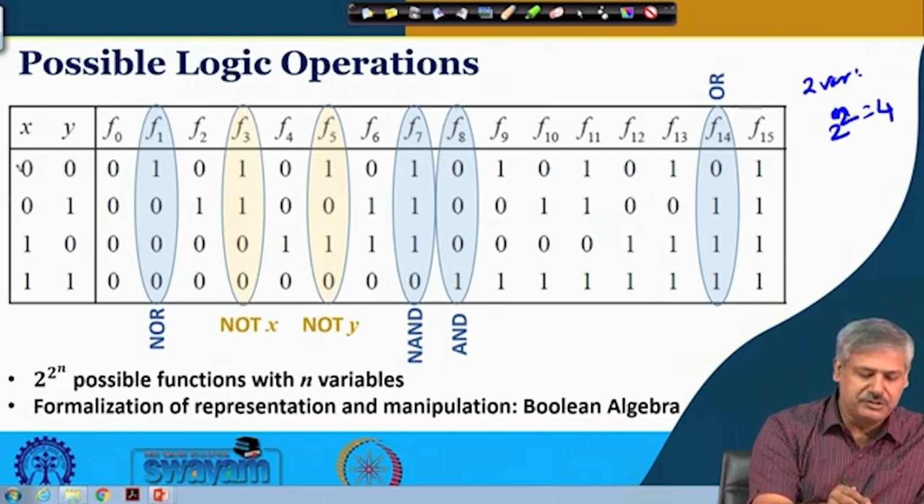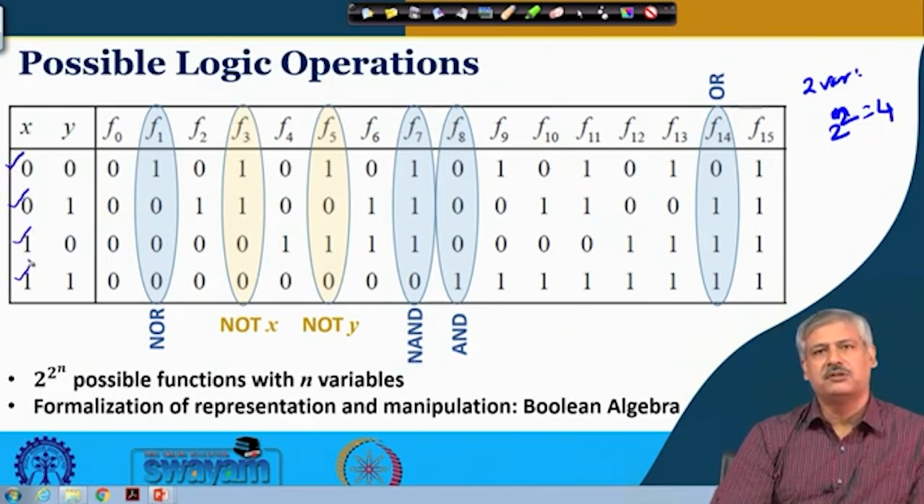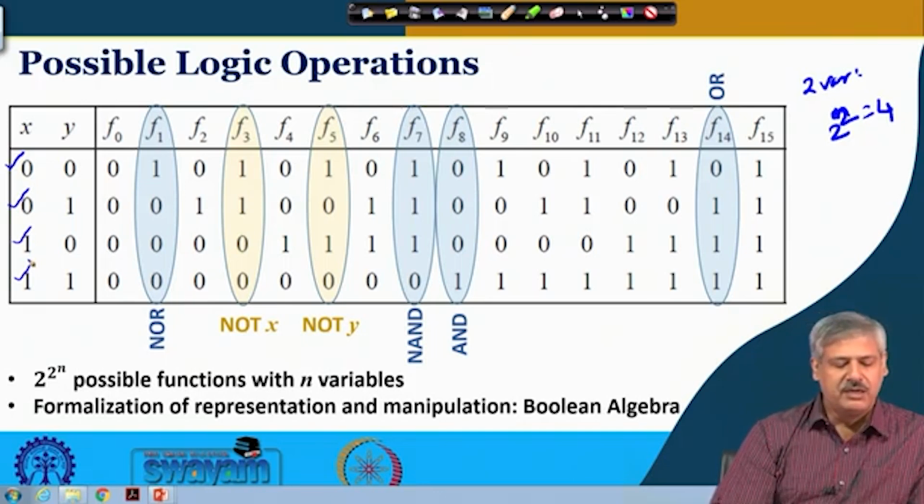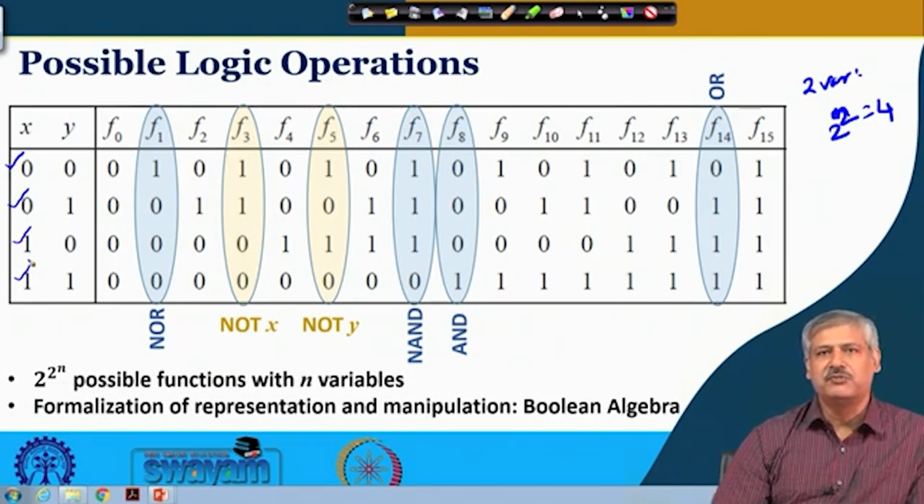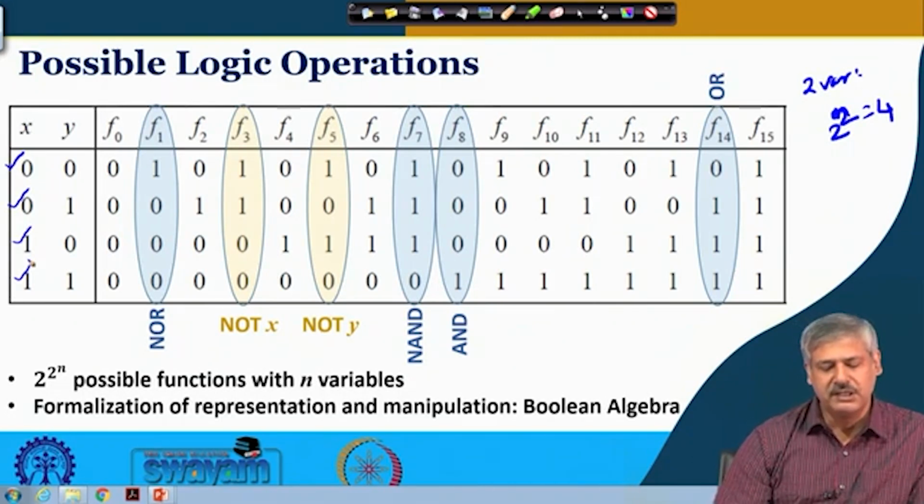So, this is 0 0, 0 1, 1 0 and 1 1. These 4 possible rows are there with two variables, okay. And for each of these cases, Boolean functions can be represented in many different ways, right.